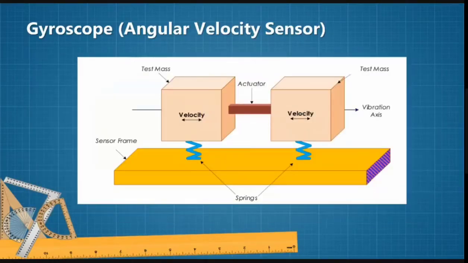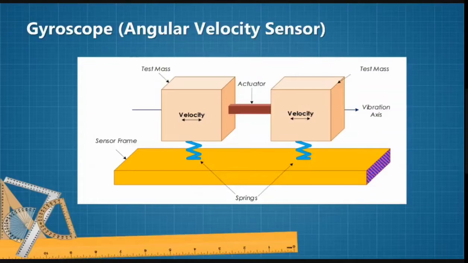In practice, two test masses are used instead of one to double the sensitivity and make the response more linear. This is the illustration of the constitution of a vibrating gyroscope where the test mass and part of the sensor frame are visible.